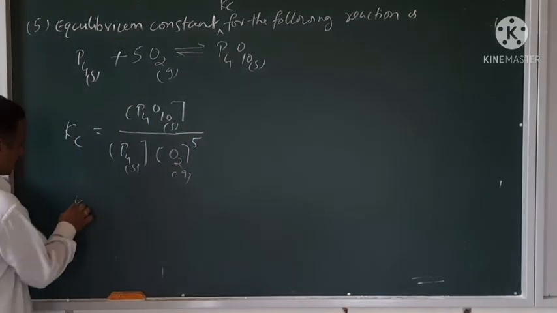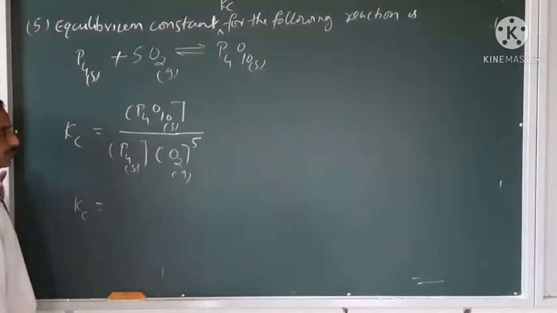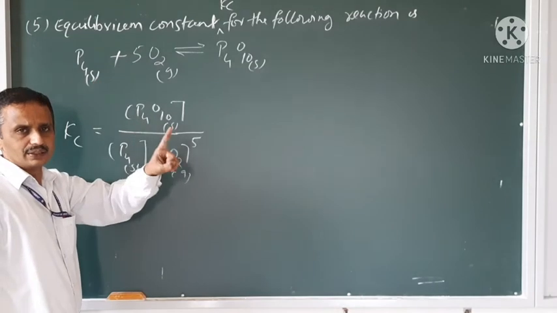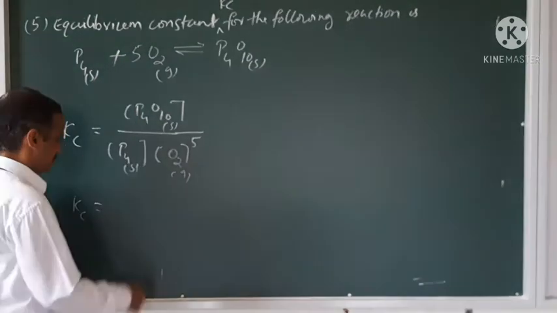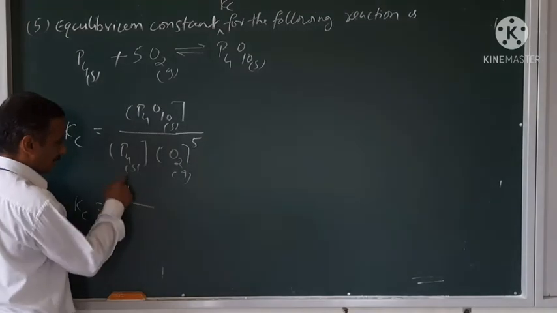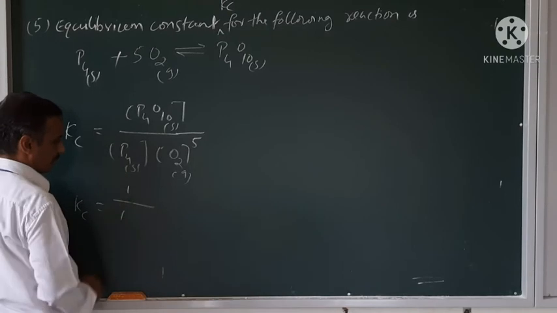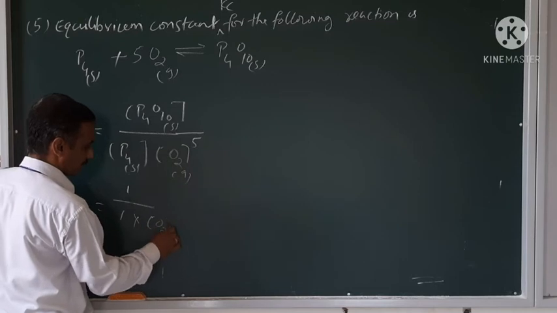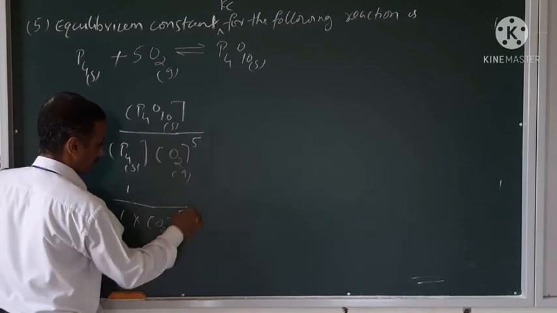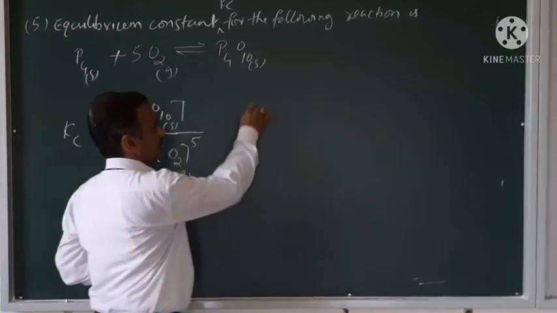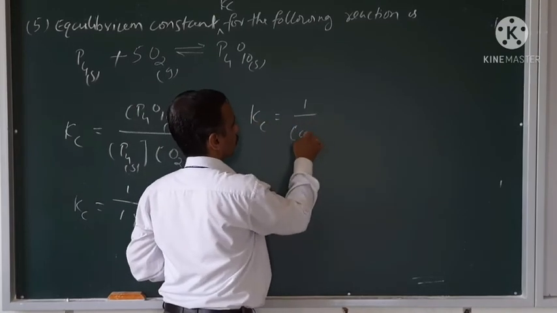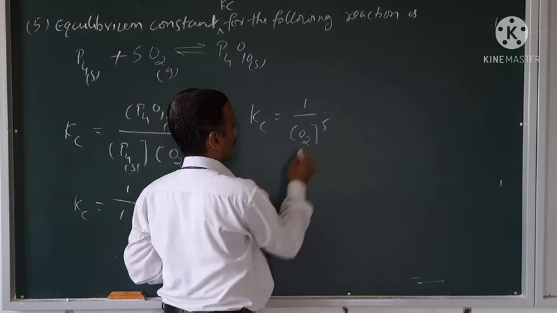Now Kc is equal to, see, the concentration of a solid is taken as unity only. So it is 1 divided by P4, also solid only, 1 into O2. It is a gas, so I have to consider it, O2 to the power 5. That is, Kc is equal to 1 over O2 to the power 5.